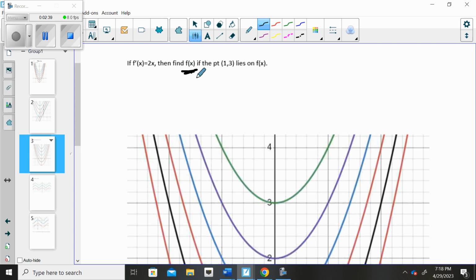So coming over here, if I wanted to find the actual curve that I started with, there's an infinite number of curves that have the derivative 2x.